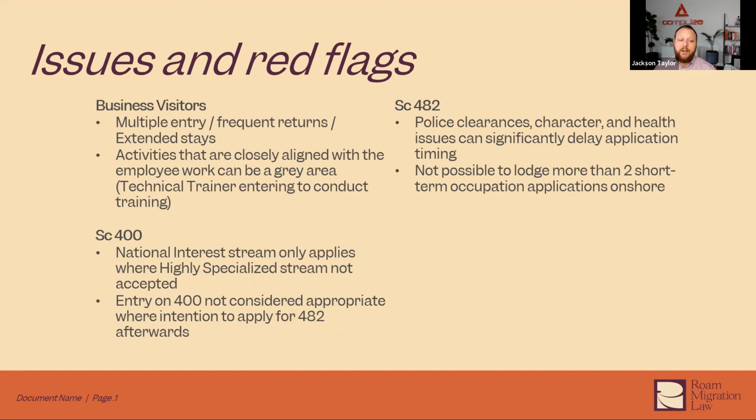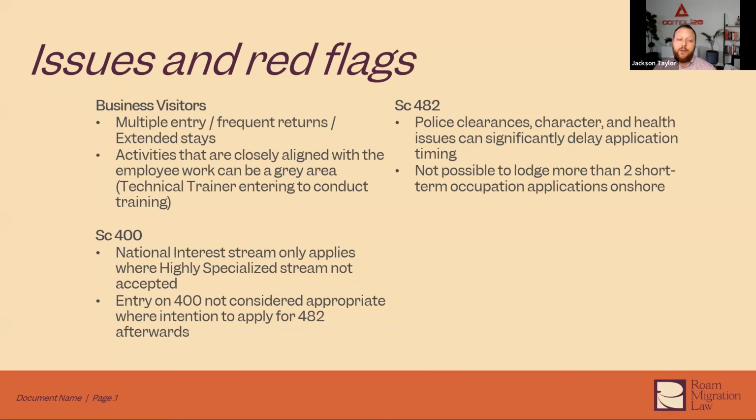Now, we didn't talk about it in much detail, but the subclass 400 actually has two streams. Highly skilled, highly specialized, where you can't source workers with that skill set in Australia, because the company's got intellectual property that no one else does, et cetera. There is also a national interest stream. That national interest stream is only available in very rare circumstances.